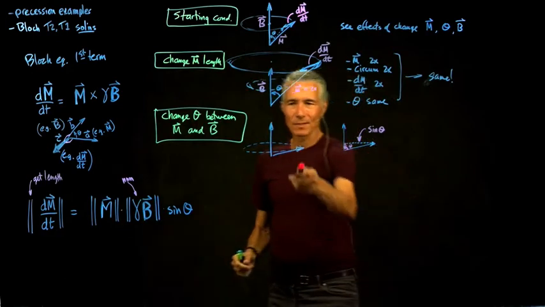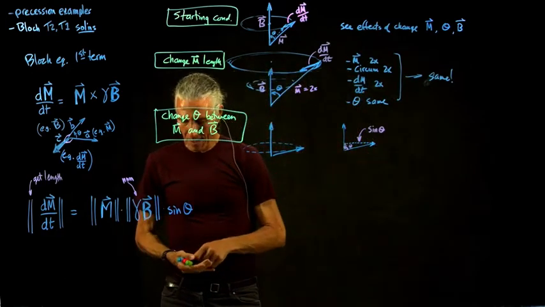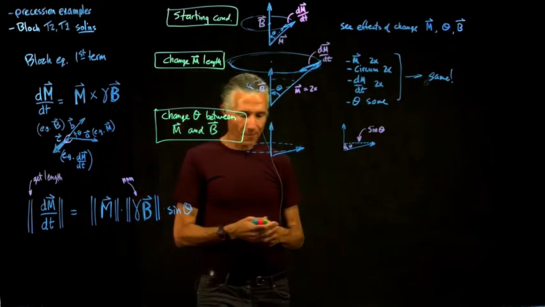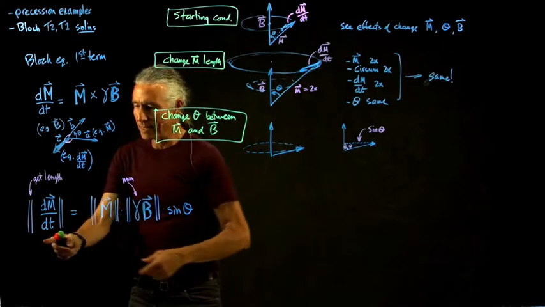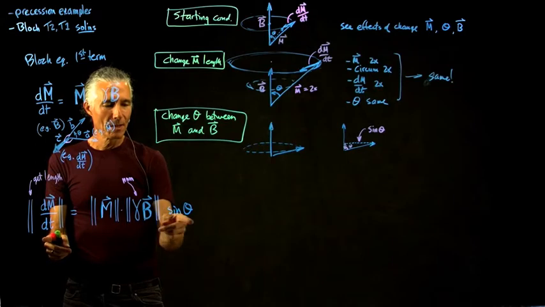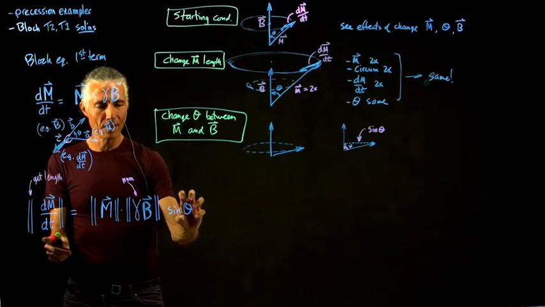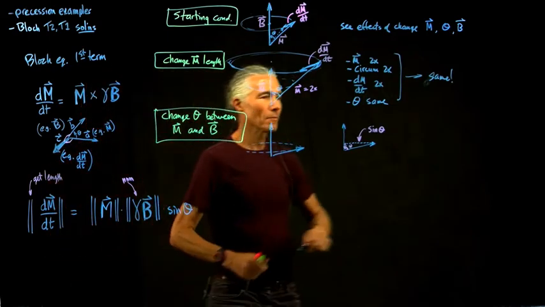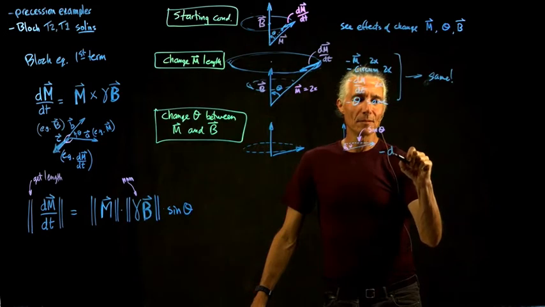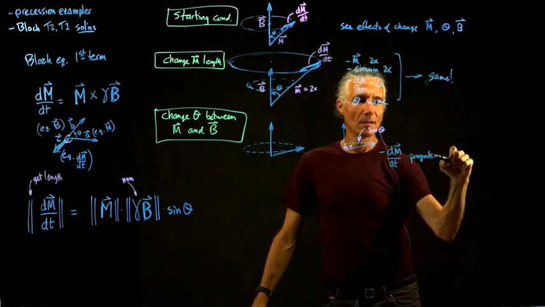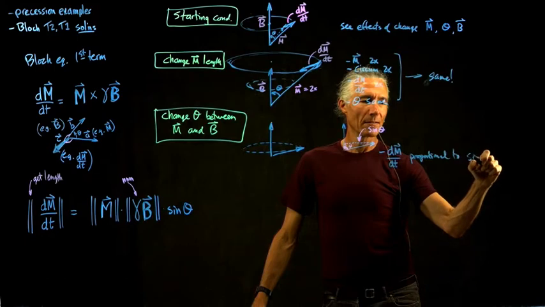So the radius of this circle is going to be the sine of the angle. But if we look at what happens to dm dt, if we change this angle, we have to take that angle, put it through the sine, and so dm dt is going to change by the sine. So dm dt is proportional to the sine of the angle.